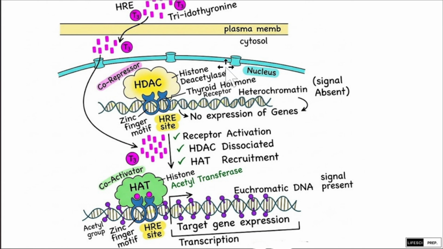T3 enters through the plasma membrane and through the nuclear pores, where in the nucleus, on the DNA sequence, at the HRE site, the receptors are present and are blocked or held by HDAC, histone deacetylase, which will be removed after the binding of the T3 ligand.